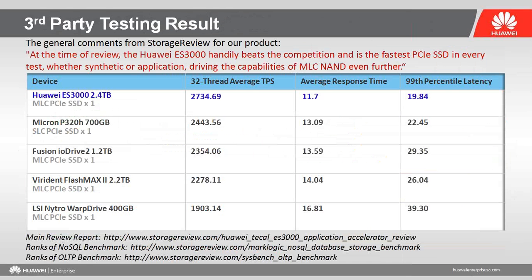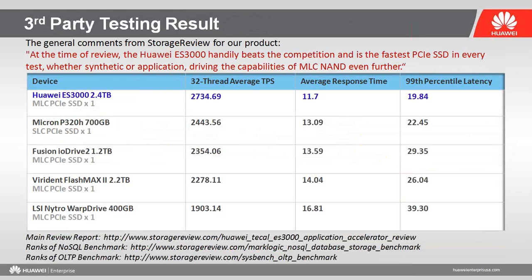So where do we stand relative to the other players in the market? It's a really interesting thing. Here are some comments from Storage Review, where we actually outperformed all the other players they were testing, including Fusion IO, which didn't even score the highest on the performance charts.